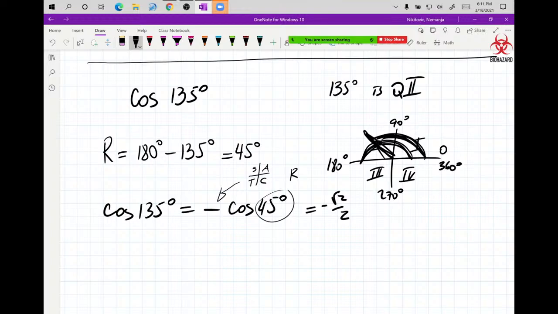All right. We should take a look at some problems from the book. Let's see what angles they want us to compute. Obviously, this is the entire lecture: you learn reference angles and figuring out whether the value is positive or negative.